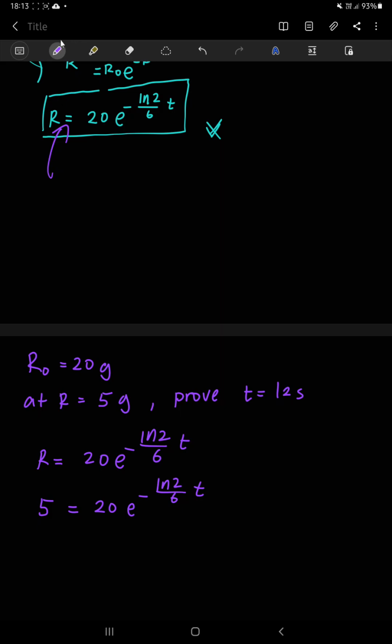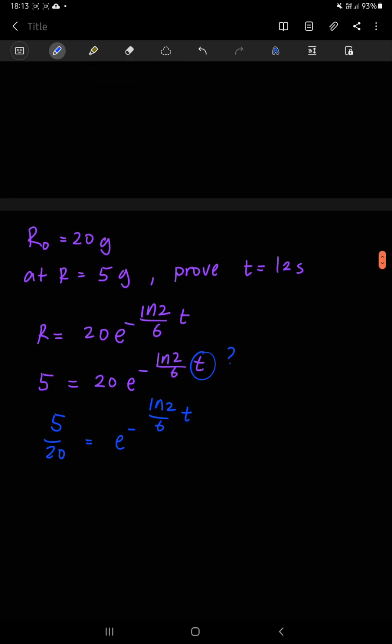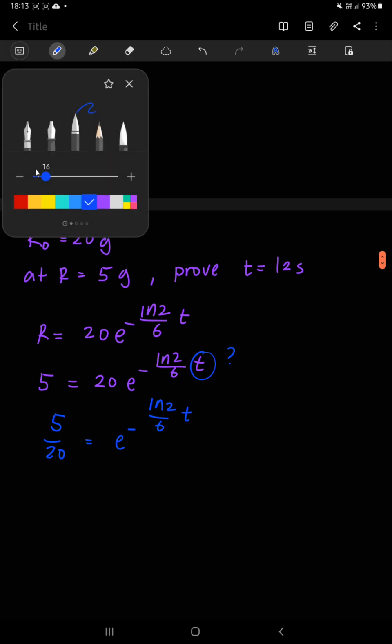So R is 5, equals 20 e to the minus ln 2 divided by 6 times t. We want to find the value of t here. So let's divide both sides by 20: 5 over 20 equals e to the minus ln 2 over 6 times t. So let's ln both sides.